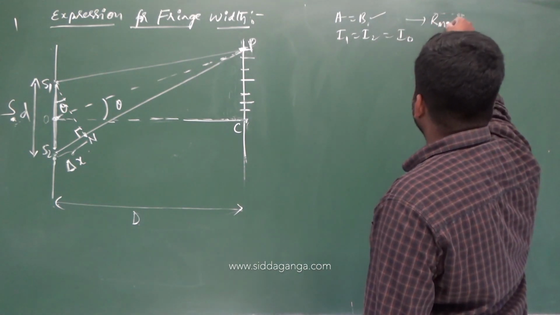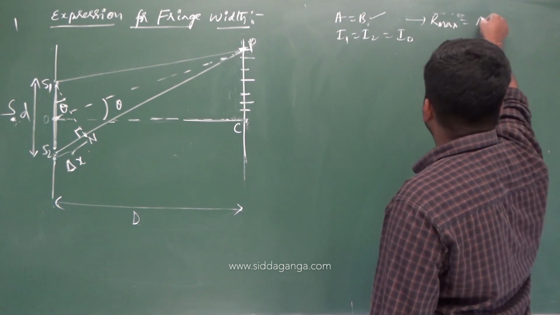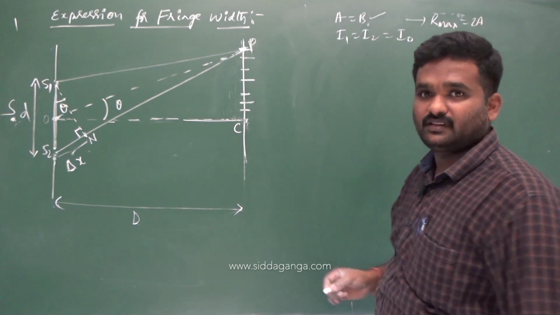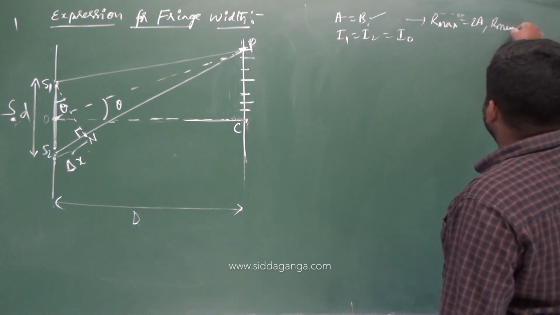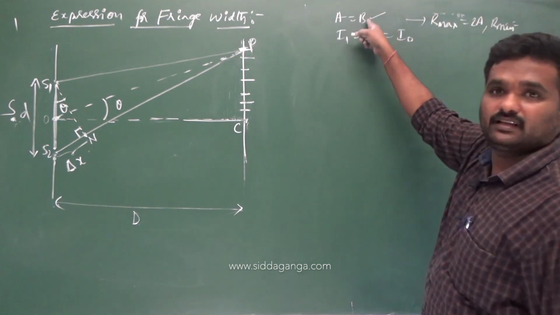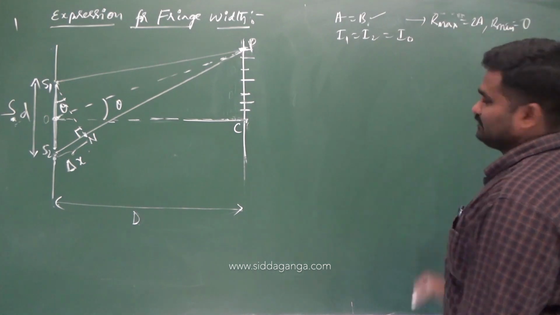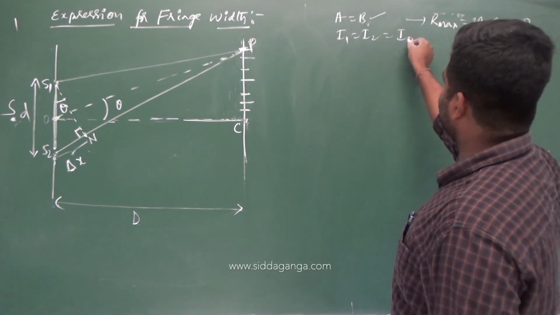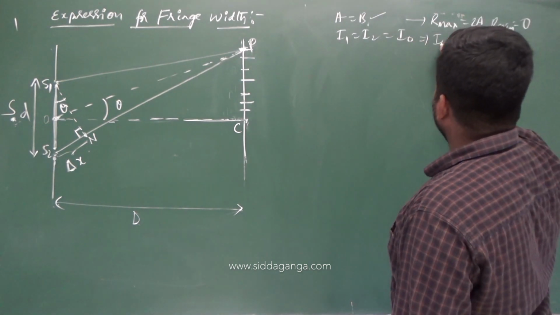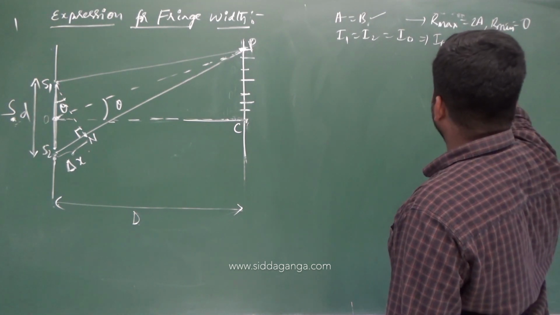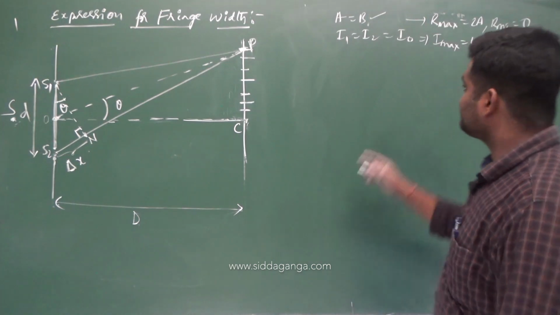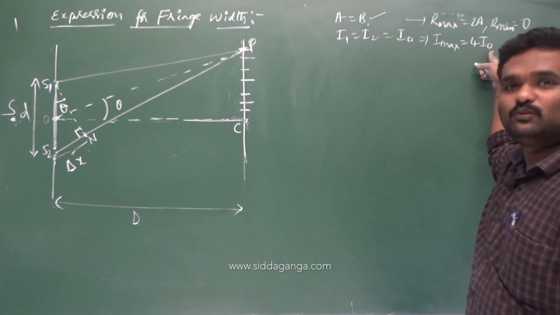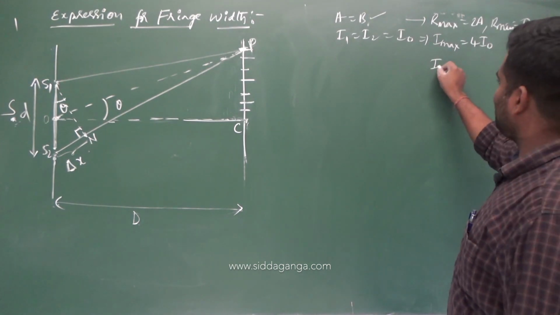R maximum equals A plus B, which is 2A, double the value. R minimum is A minus B, and since A and B are equal, it equals 0. And maximum intensity, like in the previous session, I maximum equals 4I0. And what is the value of I minimum?